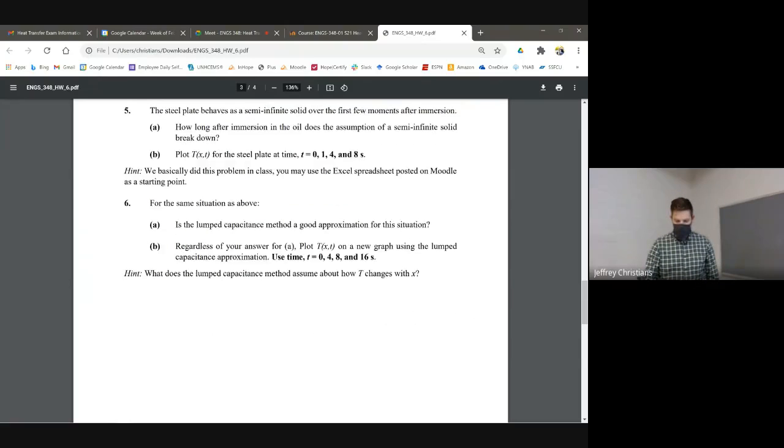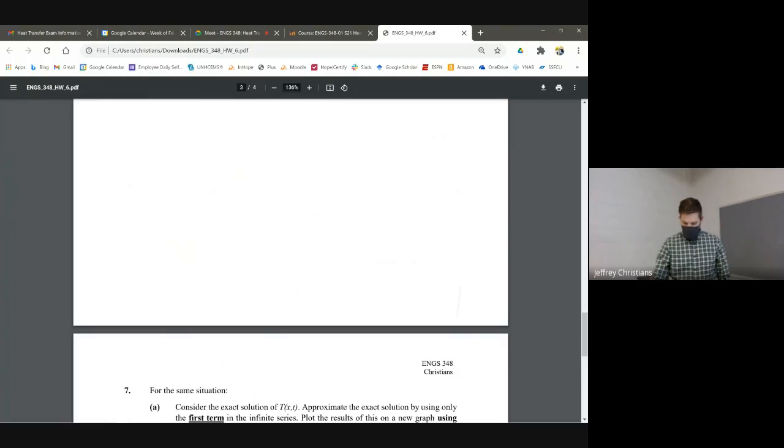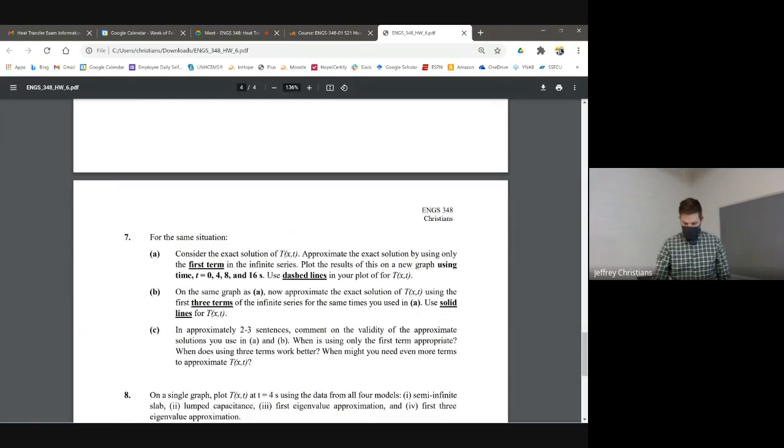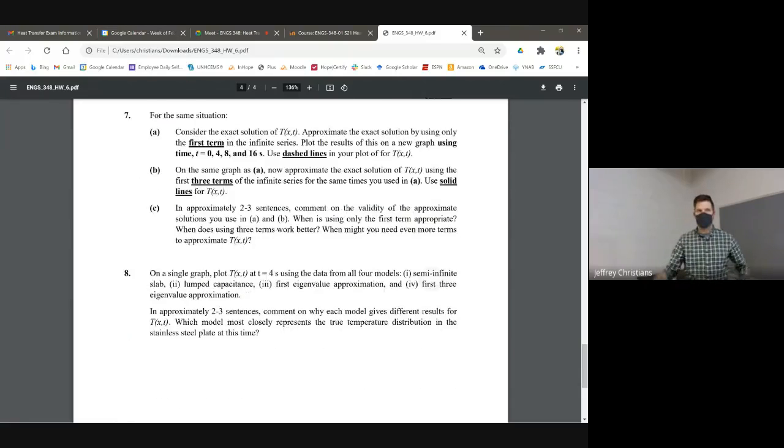A lot of it is plotting temperature profiles in this cooling piece of steel at different times. So you have to answer a couple of basic questions, and then we go through 3 different models in 5, 6, and 7. Then in 8, you take all of the stuff that we did and put it on a single graph.